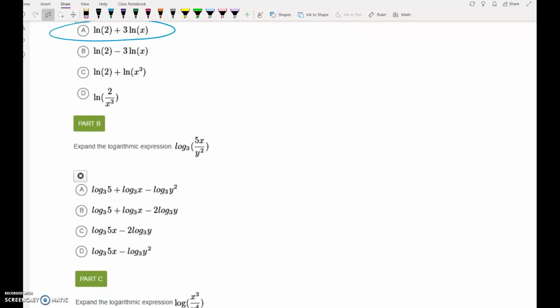In part B, I would start by writing log base 3 of 5, log base 3 of x, log base 3 of y. Remember that 5x is not 5x, it's 5 times x. So those need to be separated. And, oh, this was a y squared. The 5 and the x are on the top, so those two logs are going to be positive.